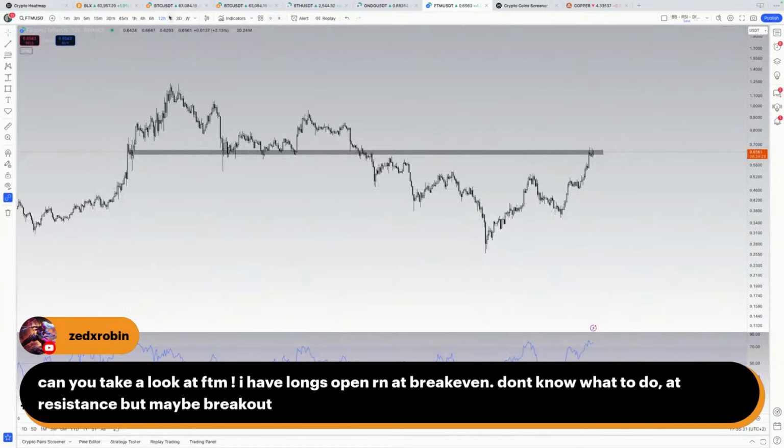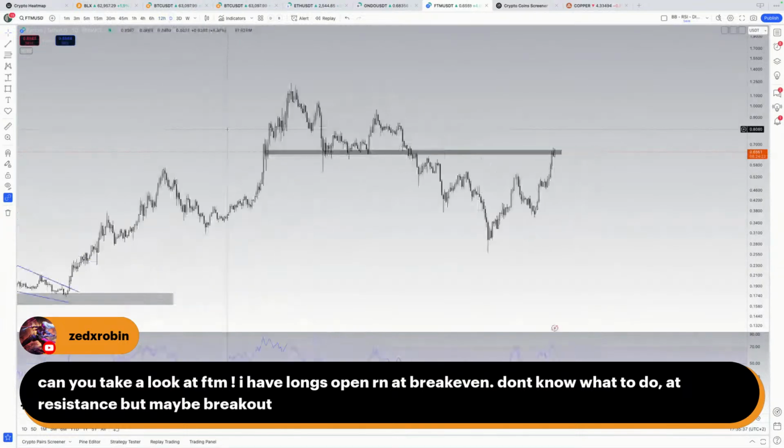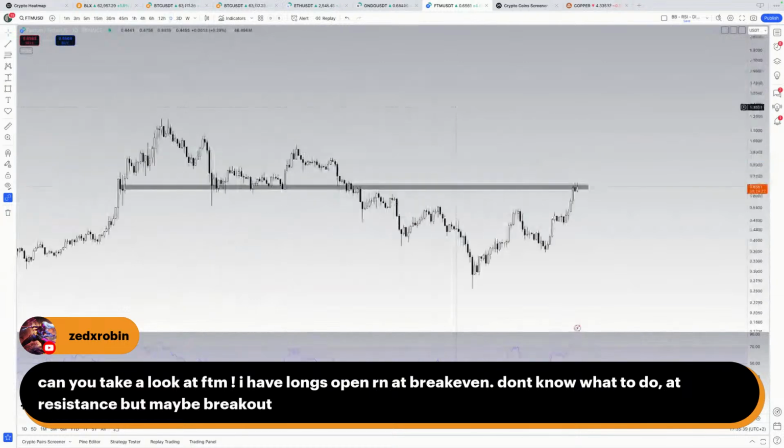Look, it's at resistance. It does make higher highs since August, as many coins.